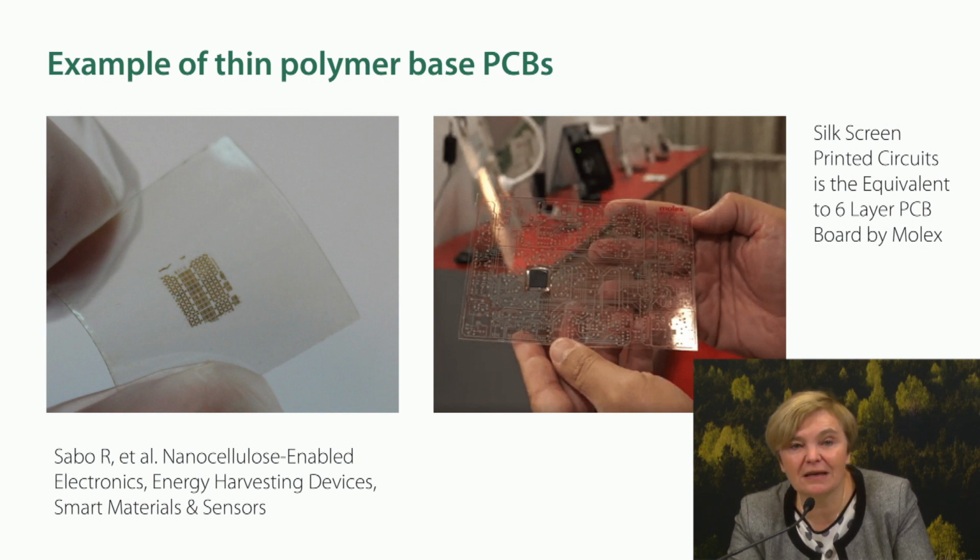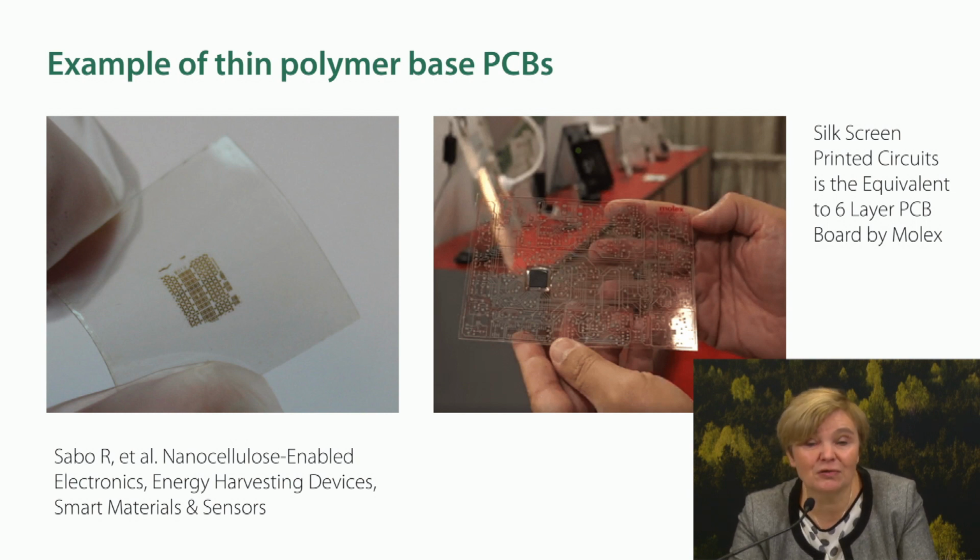In this case we want to exchange the epoxy glass fiber PCB substrate for something bio-based, or at least some plastic which is recyclable. On the left side you see the nanocellulose substrate. Additive manufacturing is applied to deposit the conductive path.